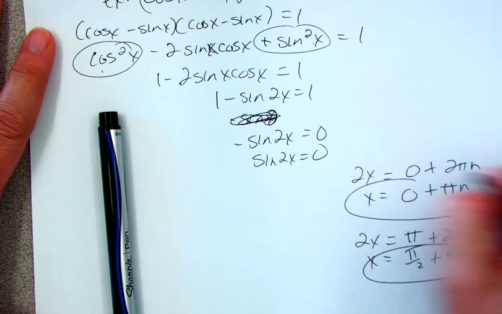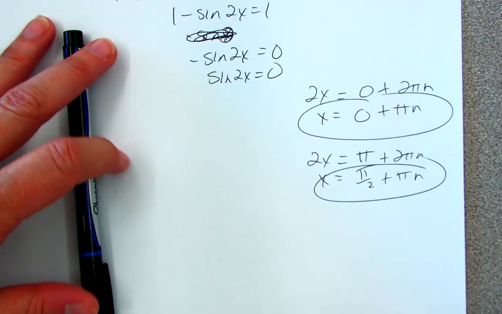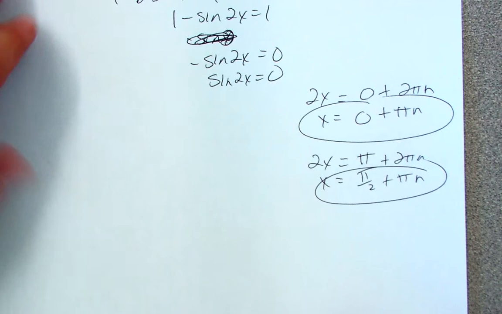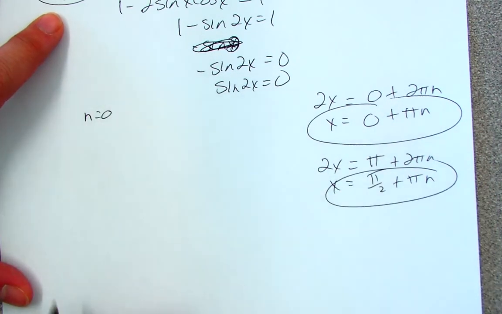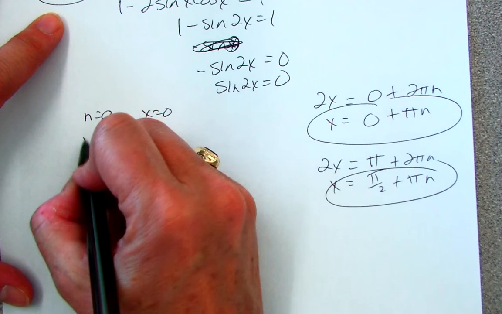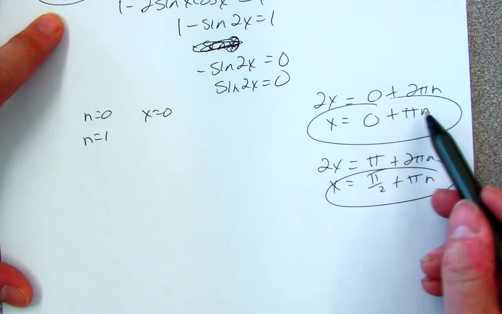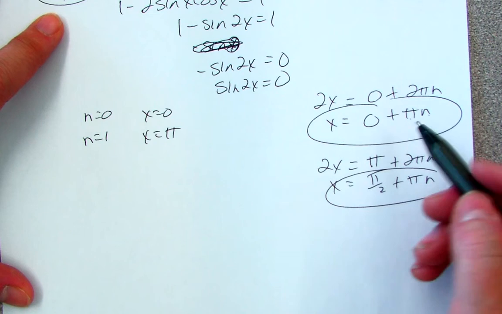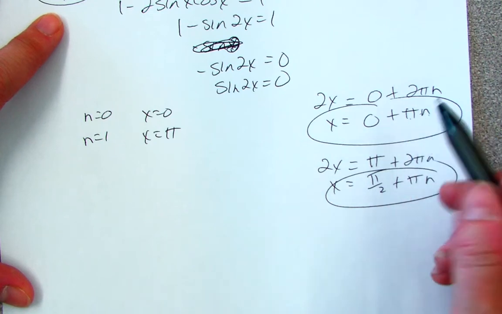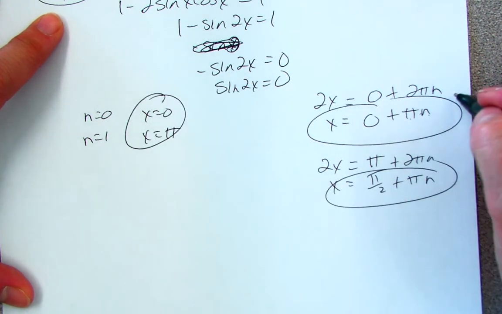Right, I have to work with both of those and put in n equals 0, n equals 1, n equals 2, etc. So let me do that here. N equals 0, I'm going to get x equals 0. N equals 1, that's just pi. I'm allowed to have that. If I put in 2, that's 2 pi. I'm not allowed to do that. So I have 2 so far from here.